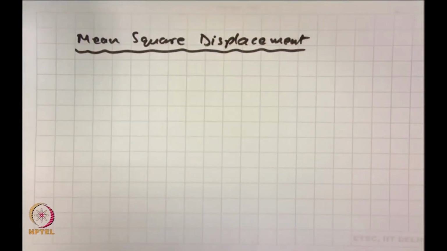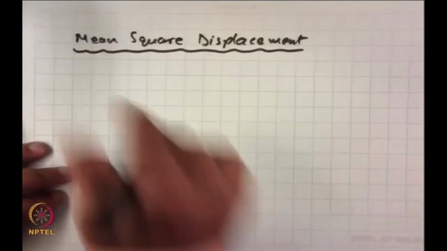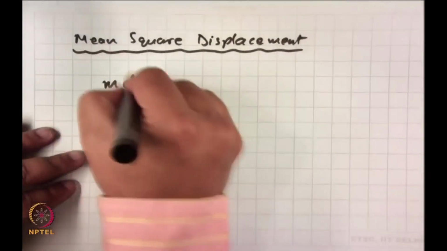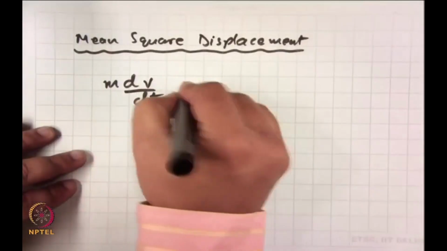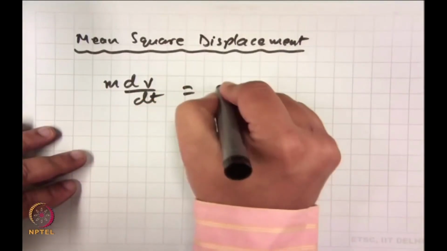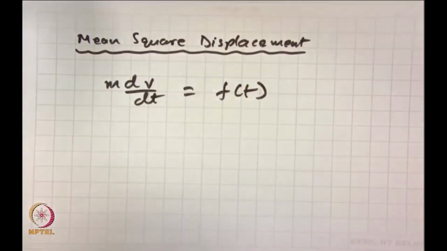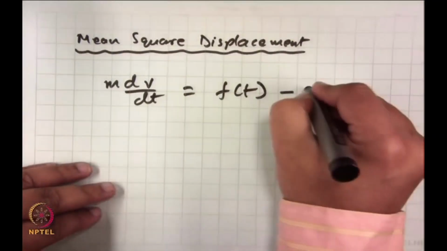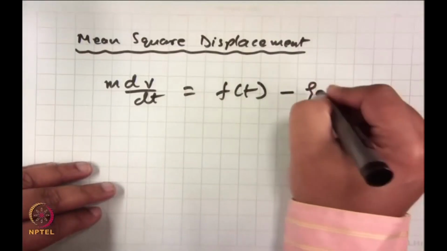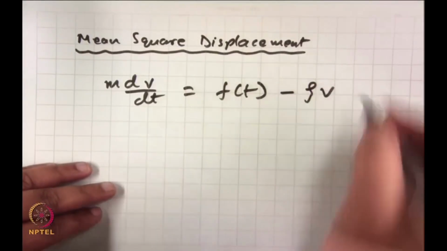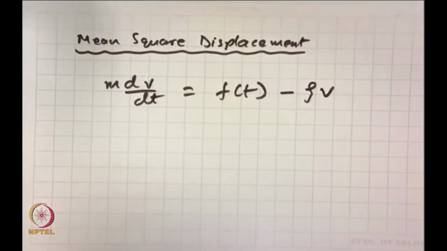So, to look at the mean square displacement from the Langevin equation, obviously we have to start with the Langevin equation. The Langevin equation was m dv by dt is equal to f of t, then there was another term, minus xi times v.